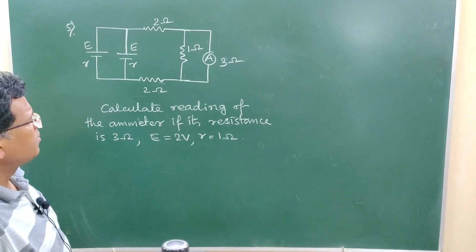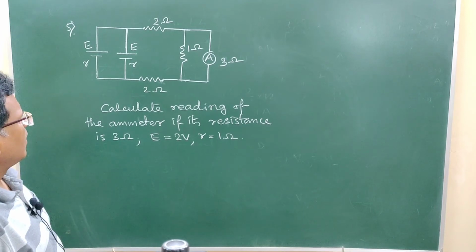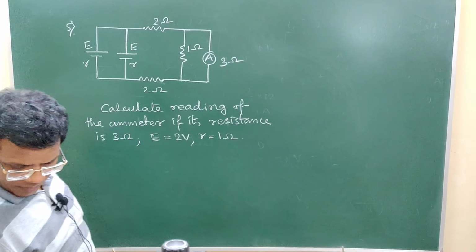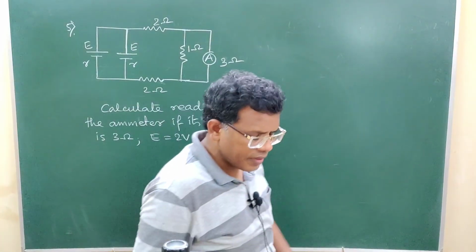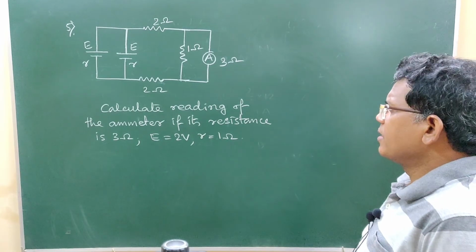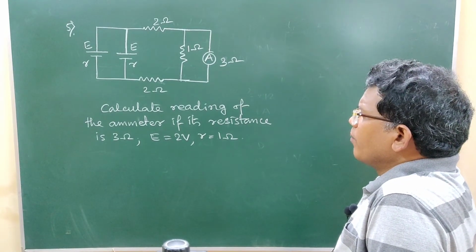From the diagram, I think you can find the external resistance. There are two operating batteries, both having the same EMF and the same internal resistance, so the same potential difference is applicable for both.